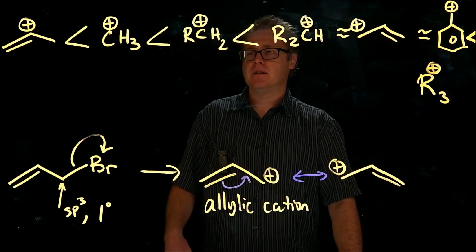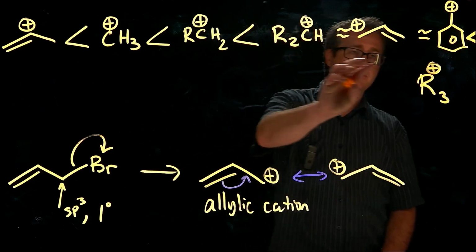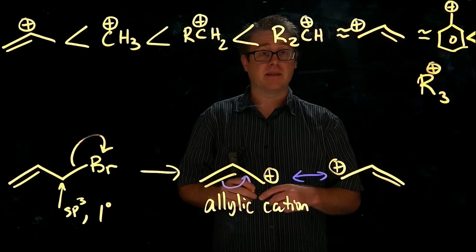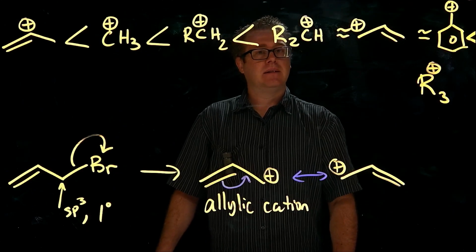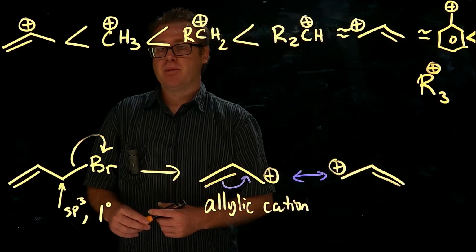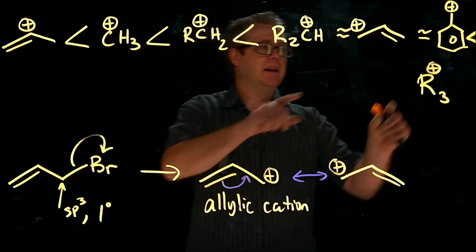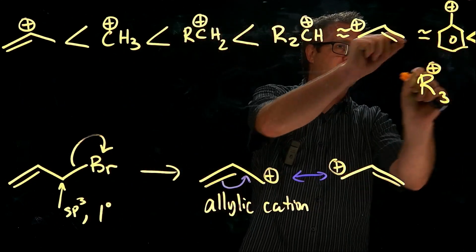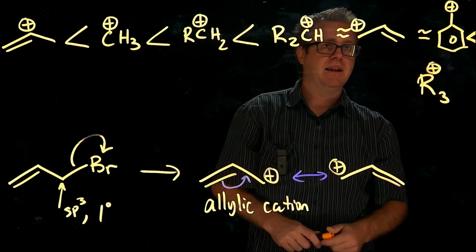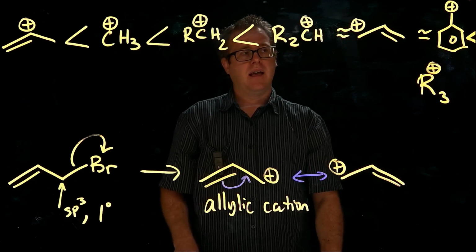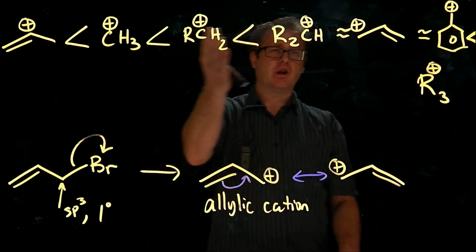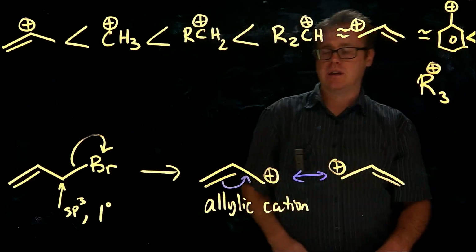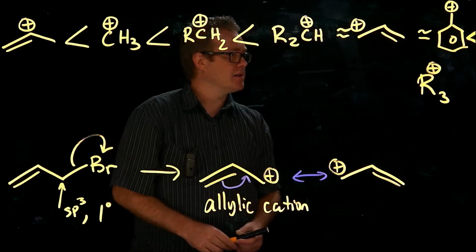Okay? So this is kind of just a general way of looking at the stabilities of carbocations and how you would rank them. Now, as we progress in the course, we can see a little switching occurring depending on the situation. And we'll see those when we talk about them. But for right now, this is a good way of looking at the stabilities of these cations.